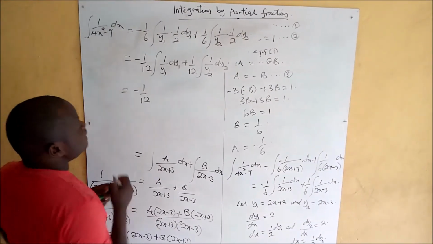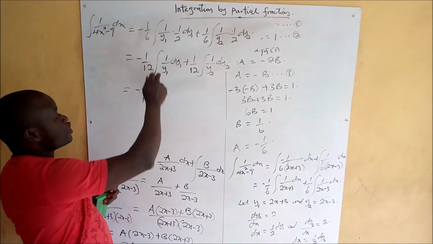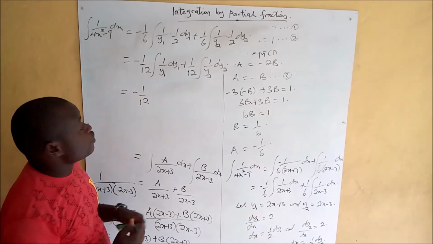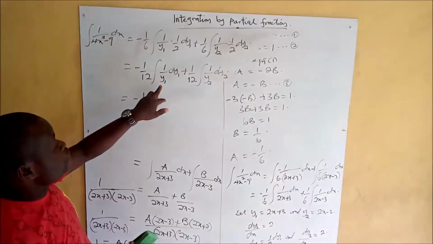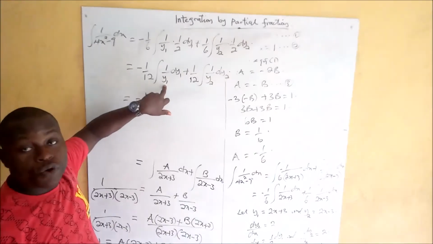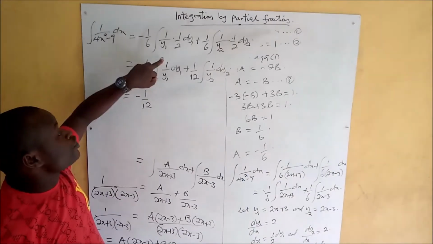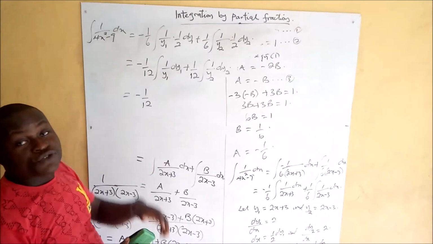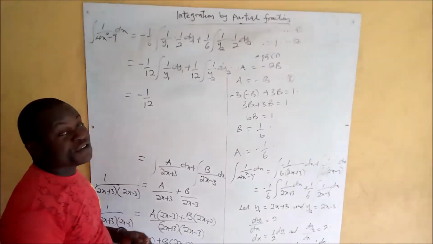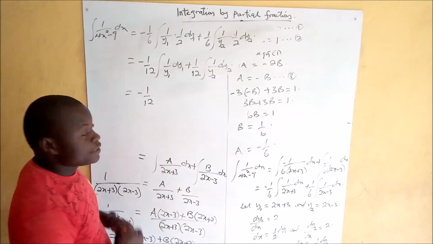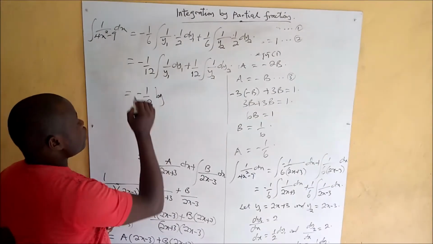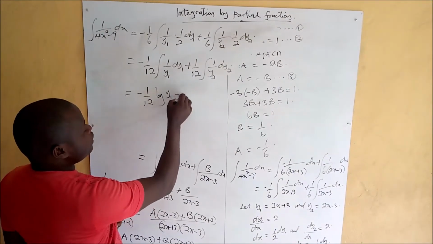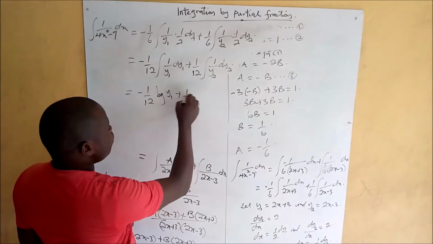Now integrating the reciprocal of y1 dy1, look at this: if you differentiate the denominator, it will definitely give you the numerator. So as such, the integral of the reciprocal of y1 is log of y1, plus 1 over 12.